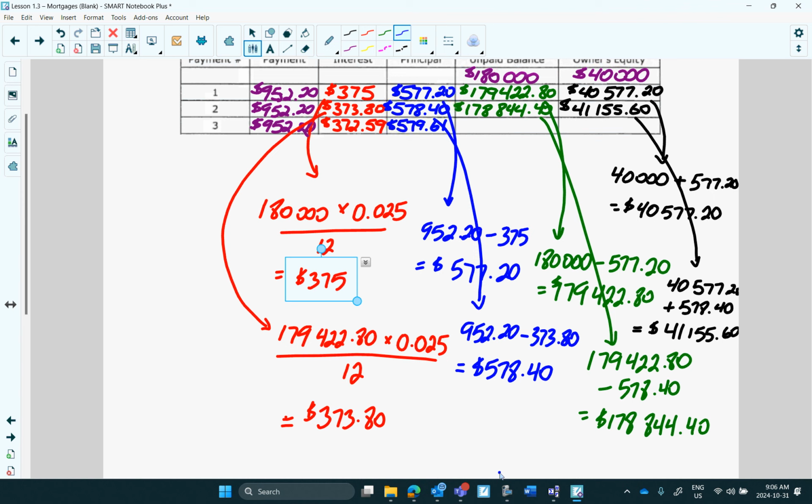So we put $579.61 towards the loan, which means we take it away from this amount to get the new loan amount, and we add it to this amount to get his new equity amount. So 178,844.40 minus how much you put towards the principal of that payment gives us 178,264.79.